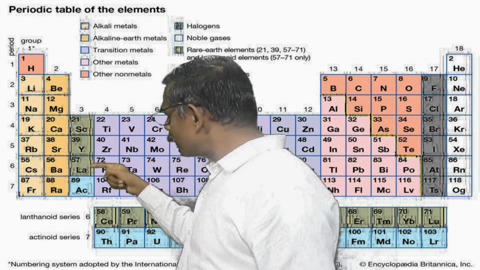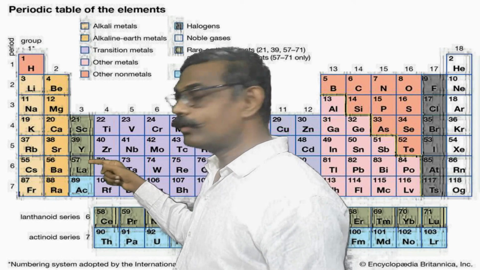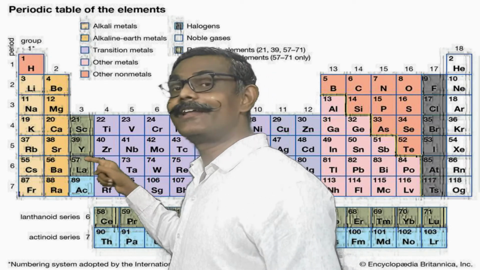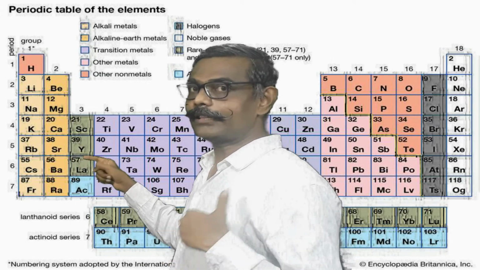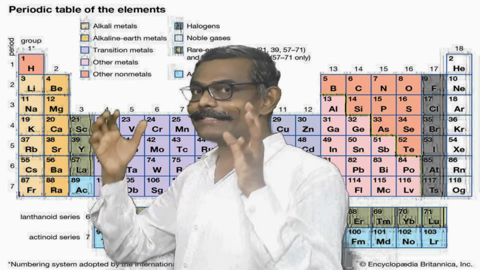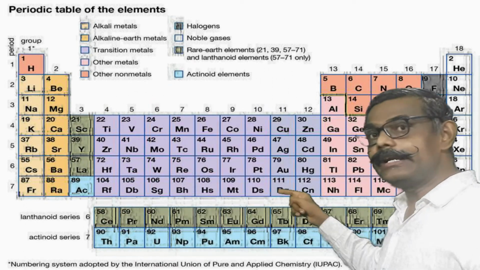So what do you think about yttrium and lanthanum? Who will be larger? Lanthanum is larger. So after lanthanum, from cerium to lutetium, size is decreasing. So there is an increase and then a decrease.